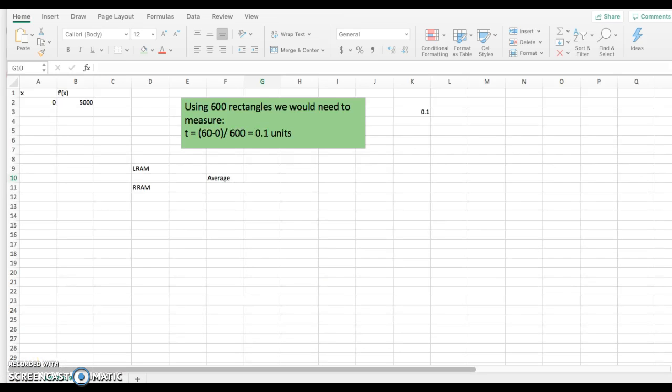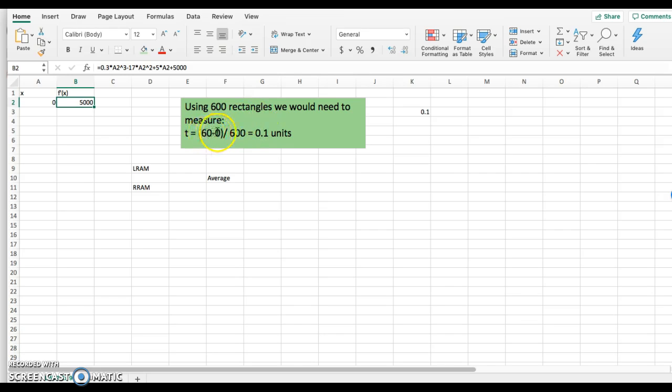All right, so now I'm in Excel, and I tried to save myself a little bit of time by typing the value of x and the value of the formula that was given to us in example 9. Now it asked us to make 600 rectangles. So remember, in order to use 600 rectangles, we have to look at the interval from 0 to 60.